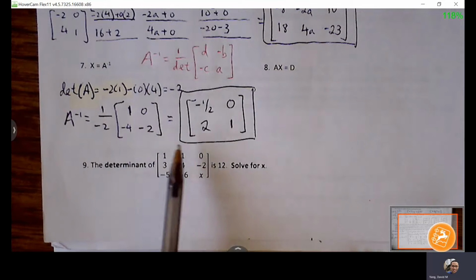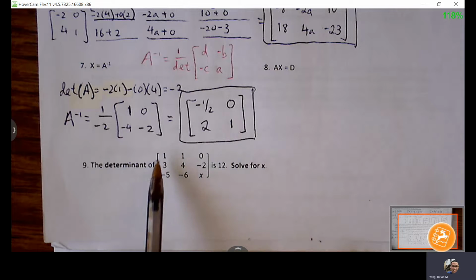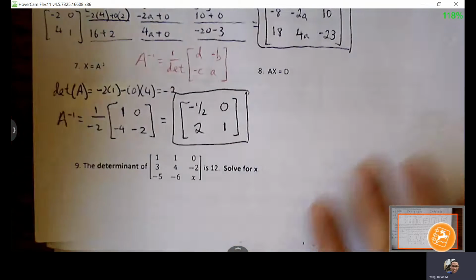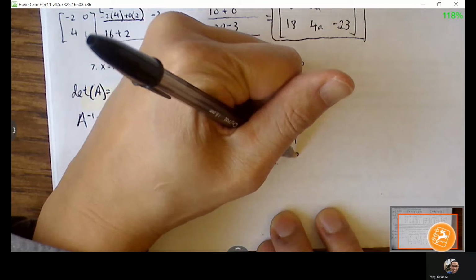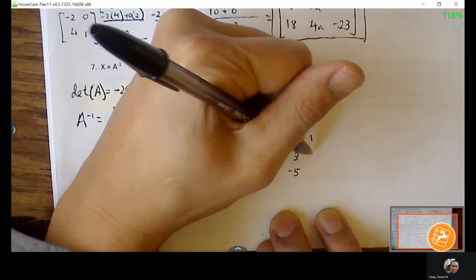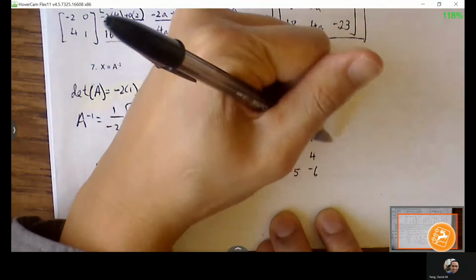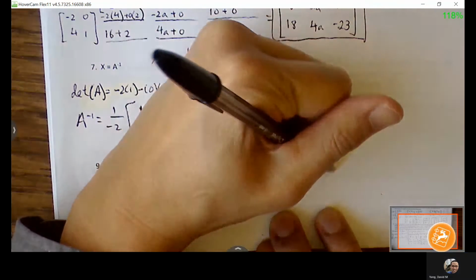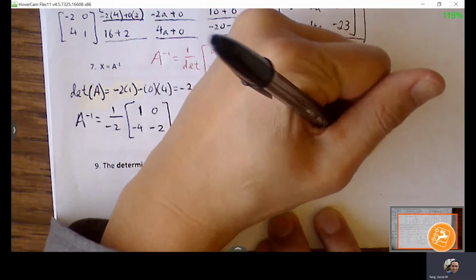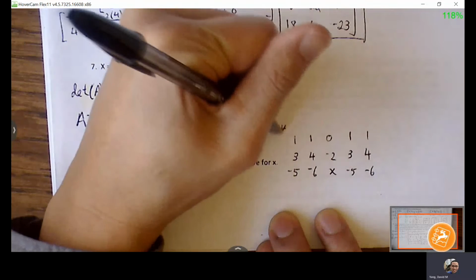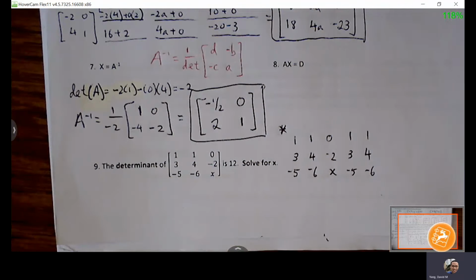Now, remember with determinant for 3 by 3, you got to make 5 columns, right? 1, 2, 3, and then the 4th and 5th columns are just the repeated first and second columns. Start at the upper left corner, and then start pairing your diagonal of triplets.